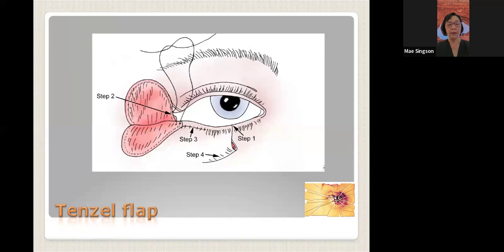See there, this is the example. So you will advance the entire skin muscle area, not much of the muscle, just a little, and then you advance it right under the ciliary line, under the lids, the lashes, and then close it accordingly. Next, please.